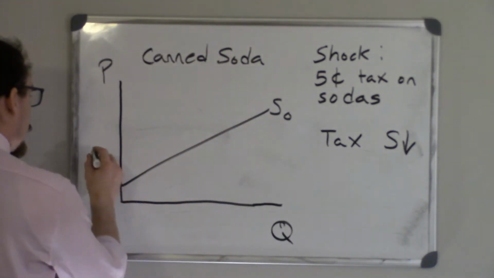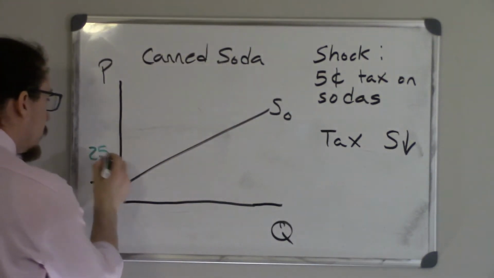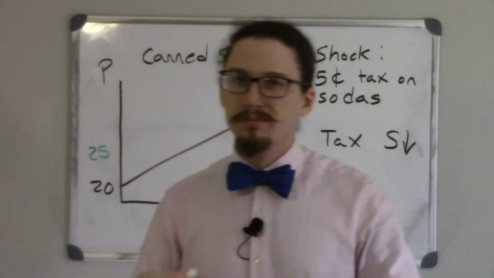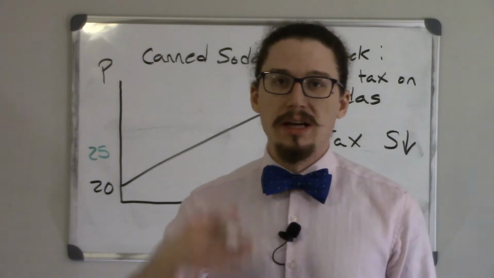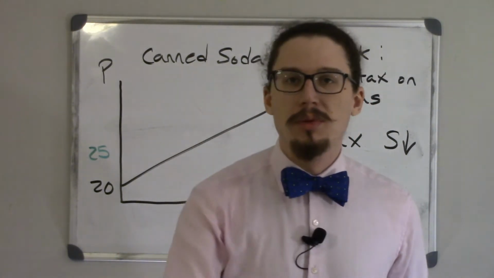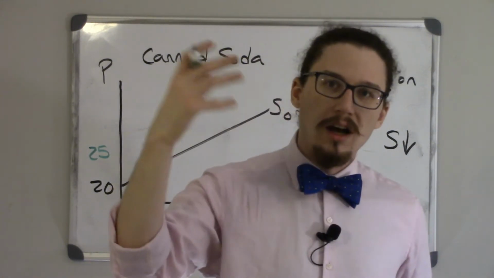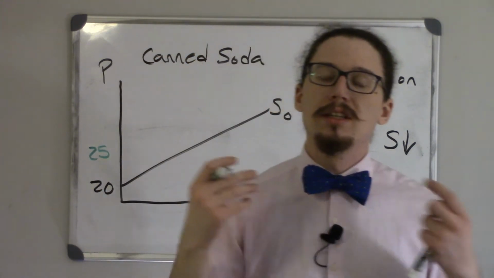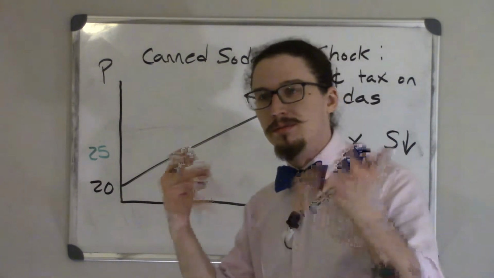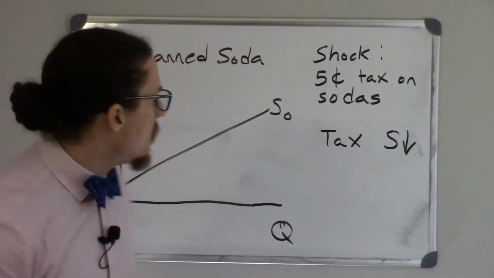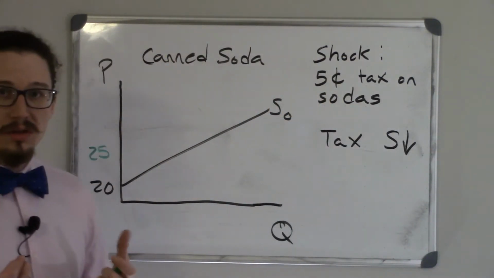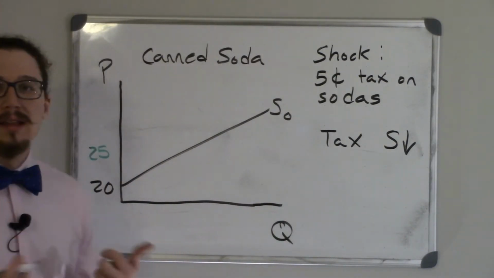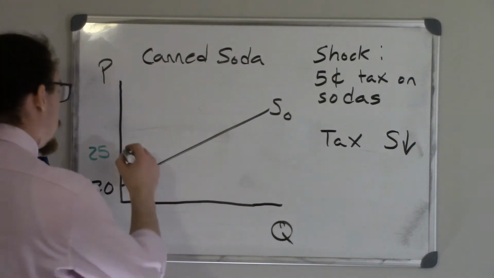So we're going to have 25 cents to cover the initial costs, the actual costs of production, the more traditional ones: the cost of the aluminum cans, the cost of the water and syrup that we put in there, the electricity it takes to run our machines, and so on and so forth. So we're going to have to cover those costs, which are 20 cents per can, and we're going to have to pay this 5-cent tax.